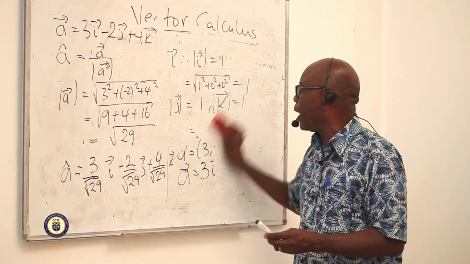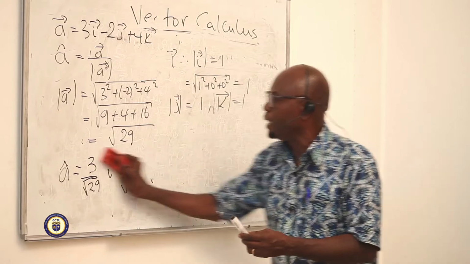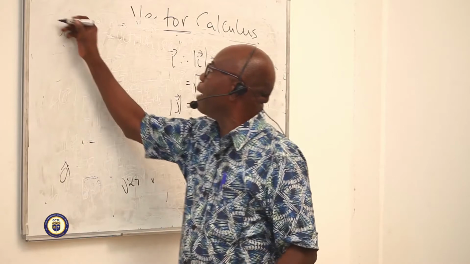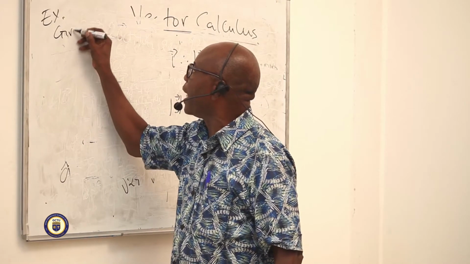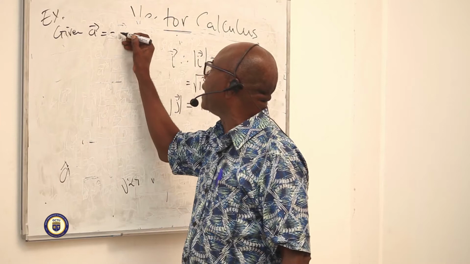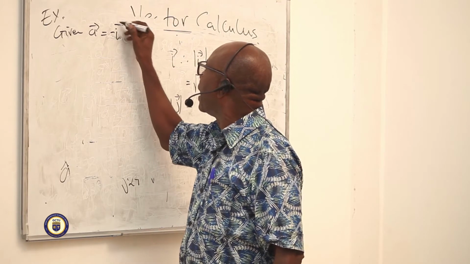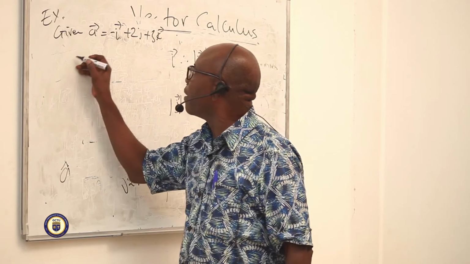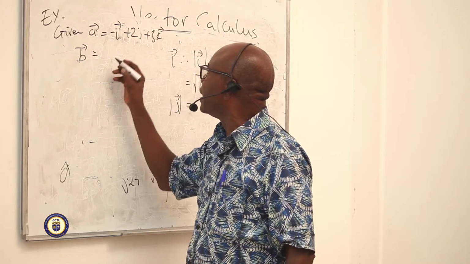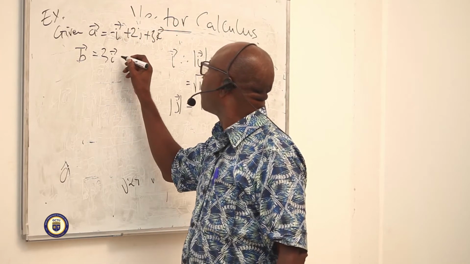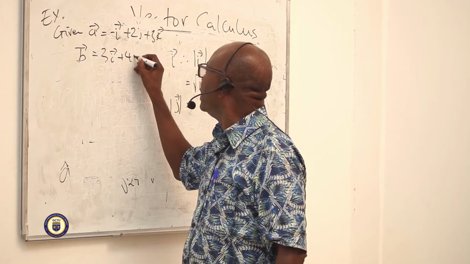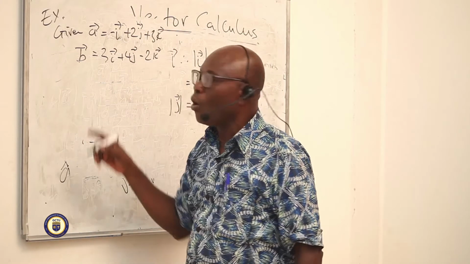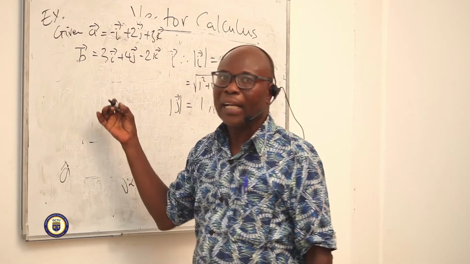For example, given vector A to be minus i plus 2j plus 3k, and vector B given as 3i plus 4j minus 2k, it's always easier to work with this.